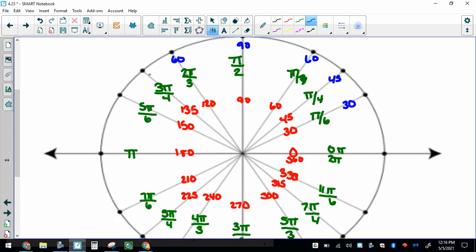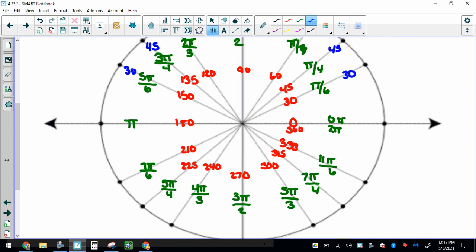180 minus 135 turns out to be 45. And you'll notice now that these guys are matching. They're both 45s. 150 to 180, that's 30 degrees. And you'll notice now that these match up as well. This guy is on the x-axis, so I don't need to talk about that. But this 210, notice I'm not very close to 0 anymore.